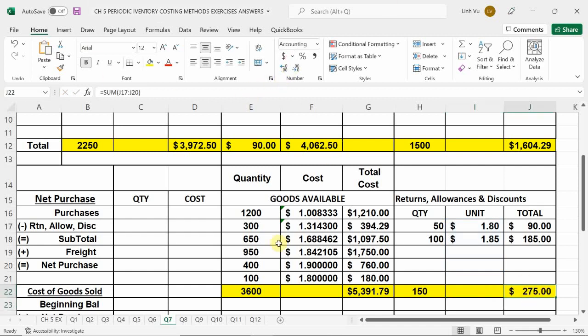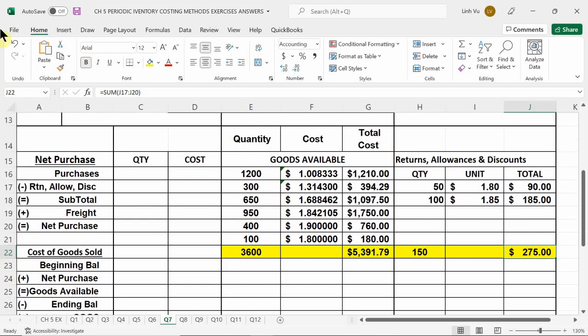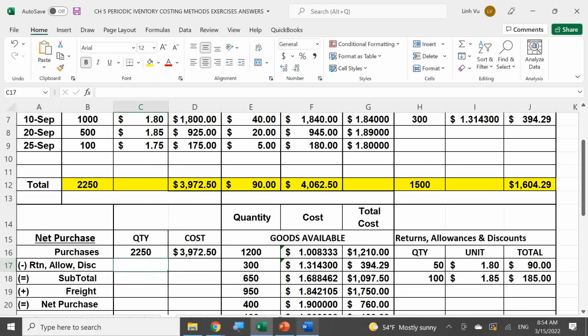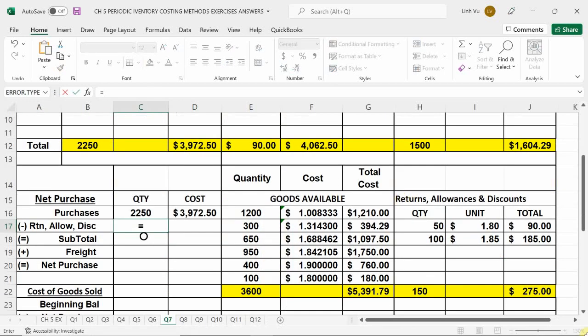Okay, so let's go ahead and solve for our table right here, right? We originally purchased 2,250 units at $3,972. Okay. We end up returning 100 units, okay, at $275.